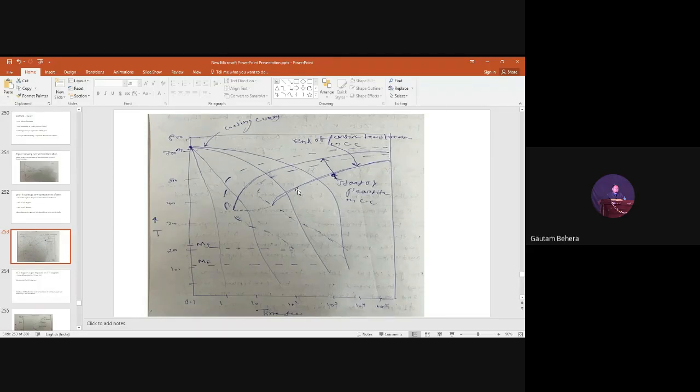So you take out a piece of steel quickly. Quickly means you are not giving any time. From 800 degrees centigrade, you are taking out the sample and putting it into a salt bath maintained at 500 degrees centigrade. So within a fraction of a second, you are taking out the sample from 800 degrees centigrade and putting it into the 500 degrees centigrade salt bath furnace.